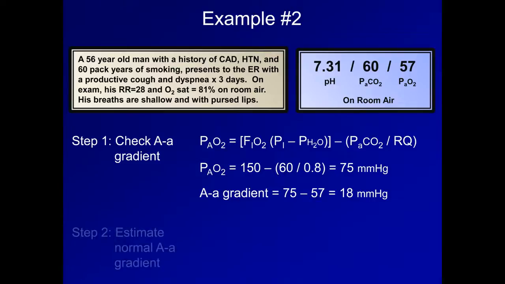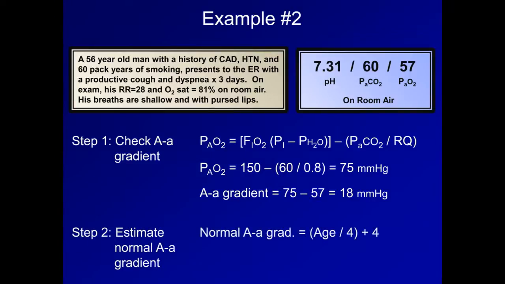Step 2 is to estimate the normal or expected AA gradient for his age. For him, this is 56 divided by 4 plus 4, which is 18 millimeters of mercury. So his current AA gradient is equal to his normal AA gradient for his age. What does this mean? This means that the cause of his hypoxemia must be solely hypoventilation.